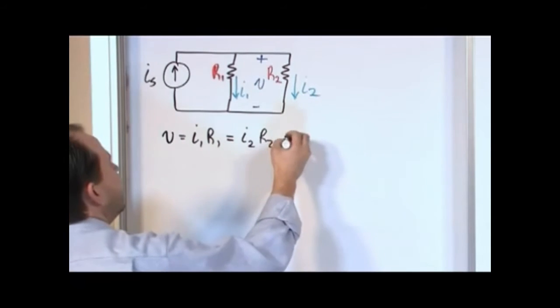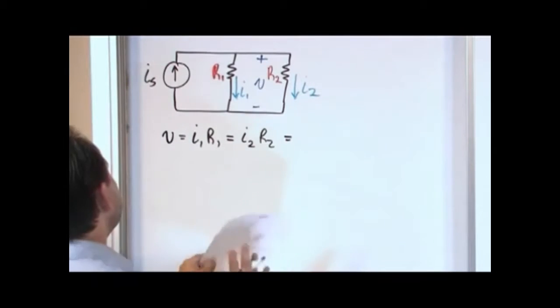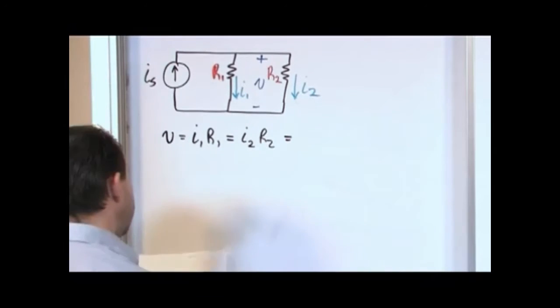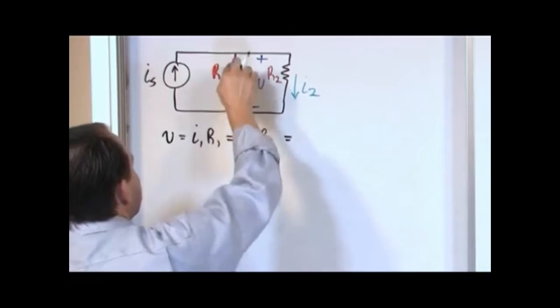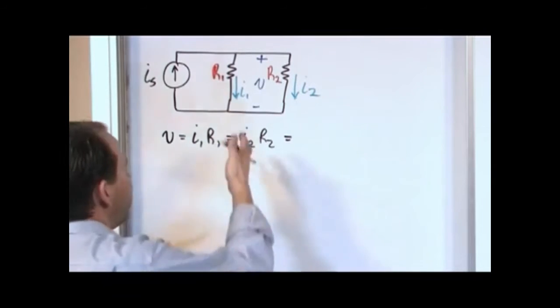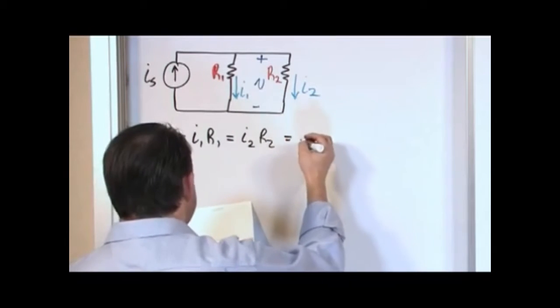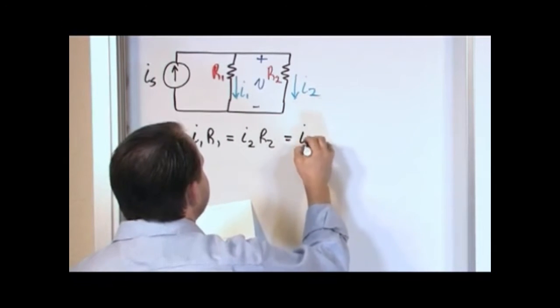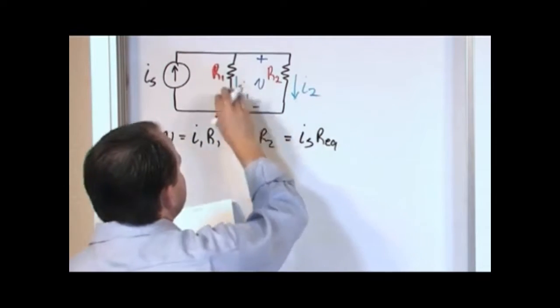But also note that these guys are in parallel. We already learned how to combine 2 resistors that are in parallel. So if we were to do that and make an equivalent resistance here, the voltage across that equivalent resistance would be the same V as what we have here. So it would be I source times the equivalent resistance of these 2 resistors.